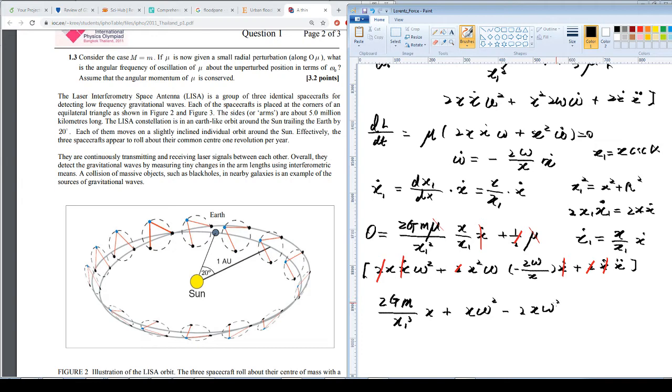We'll be left with 1 x omega squared plus x double dot, therefore x double dot is negative 2gm over x1 squared, sorry, x1 cubed, minus omega squared x. Okay.